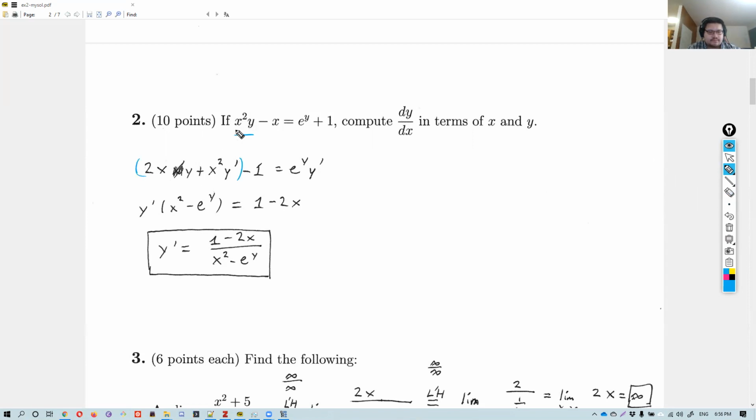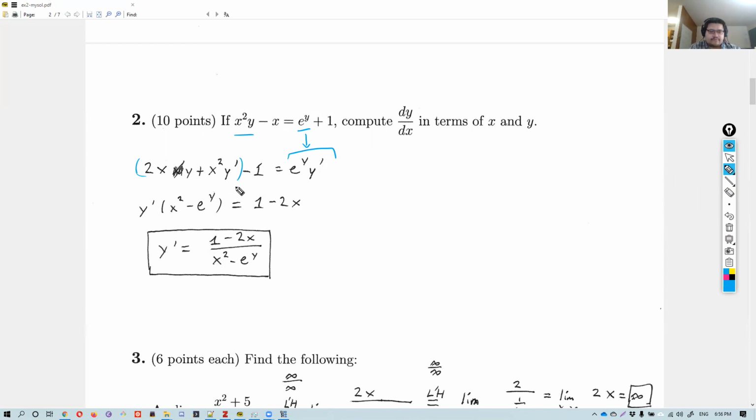So this is a product rule, so you have a 2x times y, but then when you take the derivative of y, you get y prime, because this is an implicit derivative. And so you end up with that for the second half. Then the derivative of x is just 1, and then e to the y is going to become e to the y times y prime.